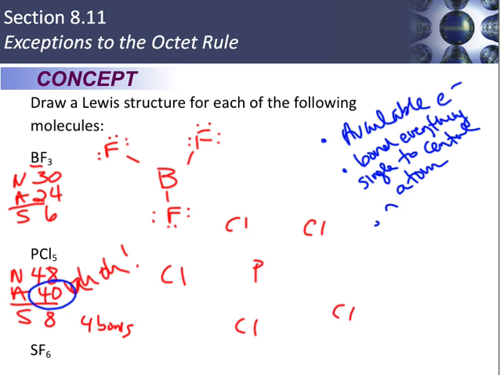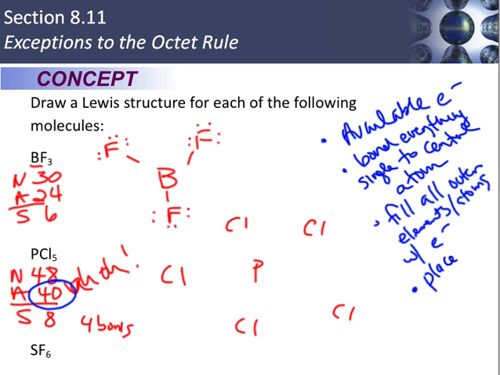Then you're going to fill all the outer atoms with electrons until they're full. And then if you have any left over, you put them in pairs on the central atom. And they all have to add up to that available number.